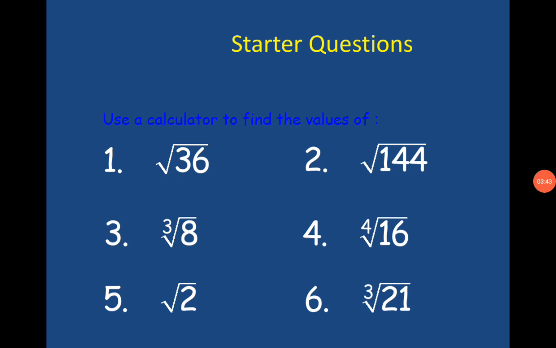Right, so if you have used a calculator to find the values of these roots, you find that the square root of 36 is 6, and that of 144 is 12.